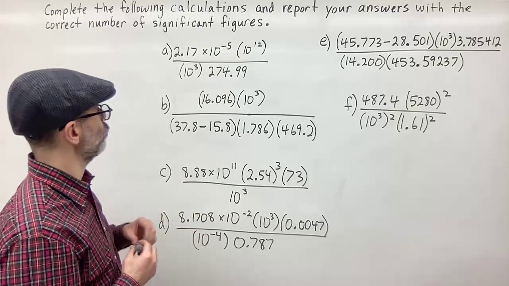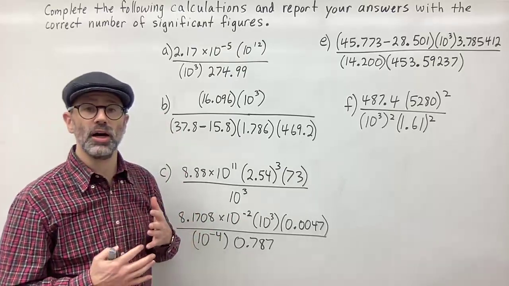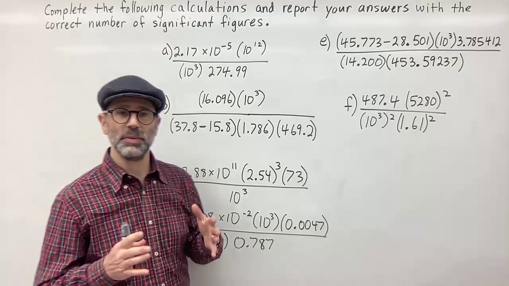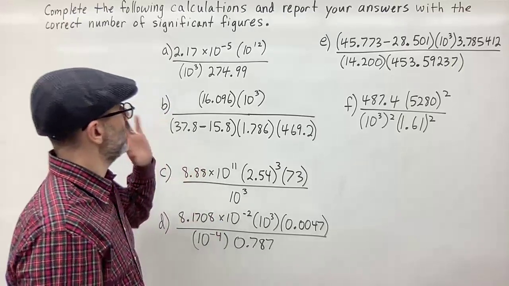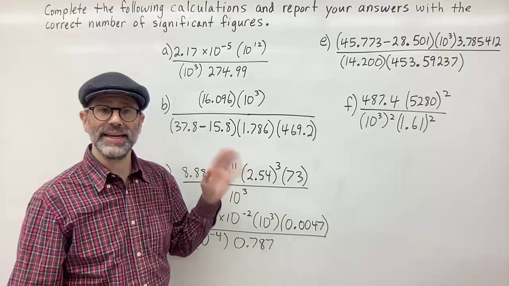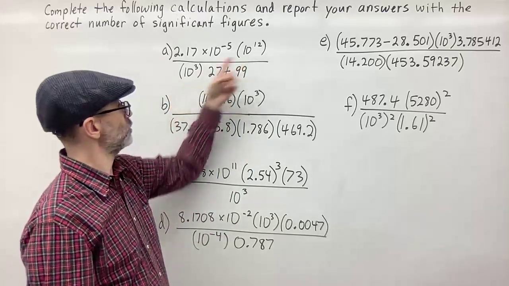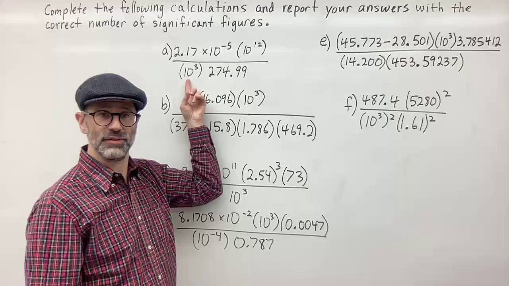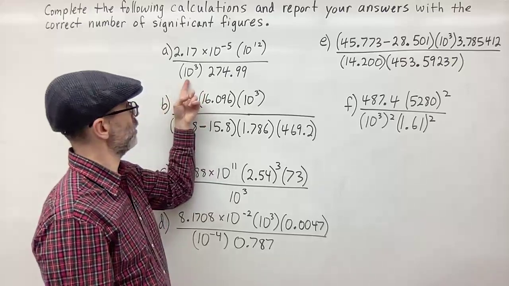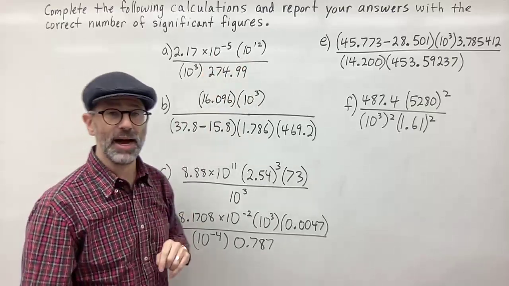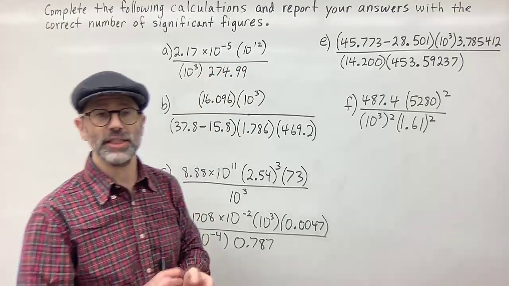Otherwise, one thing you can do is use the rule of powers, right? If you don't remember, I'll explain a little bit. When you are multiplying and dividing numbers that are factors of 10, so 10 to the third, 10 to the 12, 10 to the negative 5, the rules are as follows.